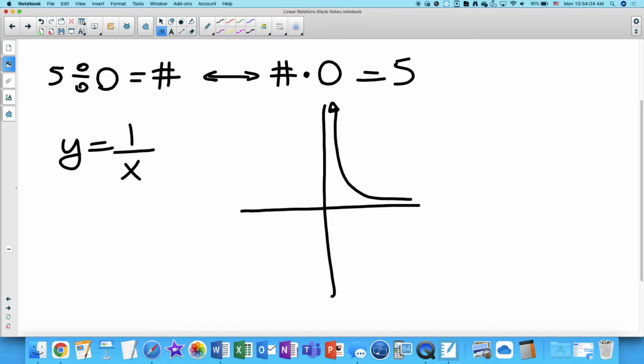Because if you take 1 and divide it by a very, very small number, something close to 0, 1 divided by a very, very small number is a very, very large number, right? So 1 divided by 1/10 is 10. 1 divided by 100th is 100. 1 divided by 1,000th is 1,000. The closer to 0 you get, the higher these numbers get. They shoot up towards infinity, okay?